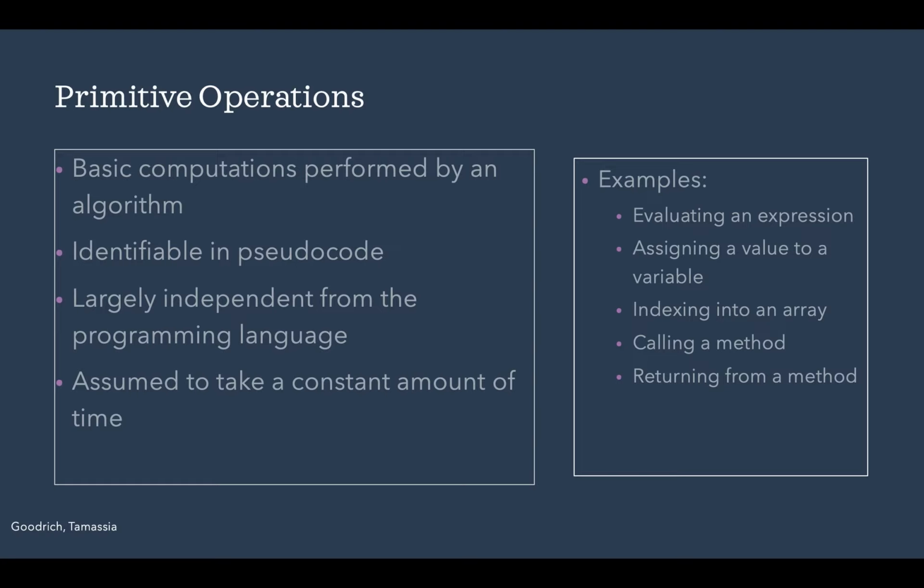We have different asymptotic notations that we'll see in the upcoming slides. Here we can see a few examples of primitive operations. Evaluating an expression is one primitive operation, whose time is not defined by you.